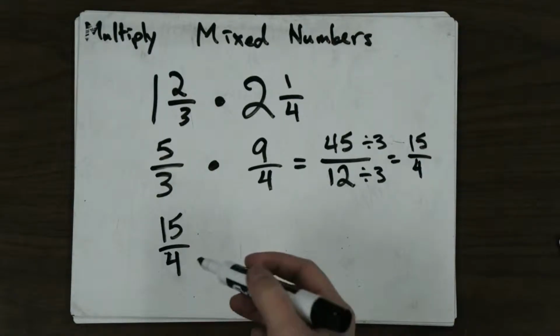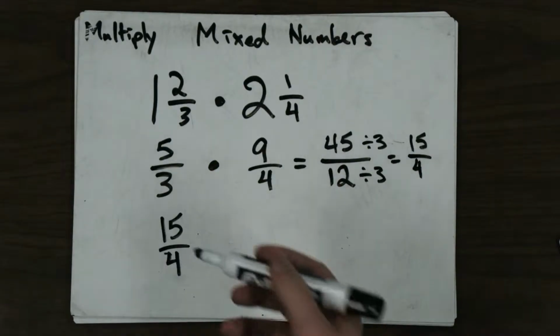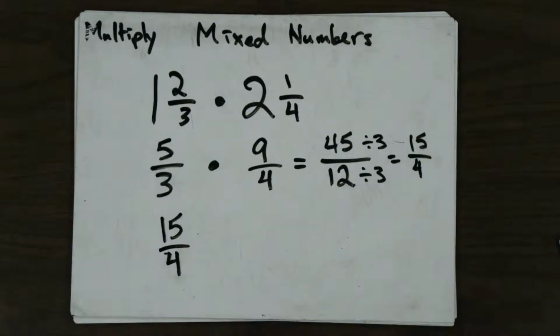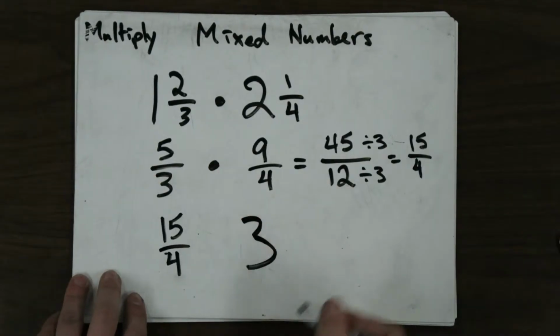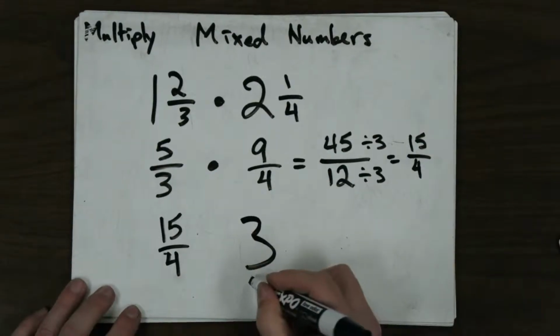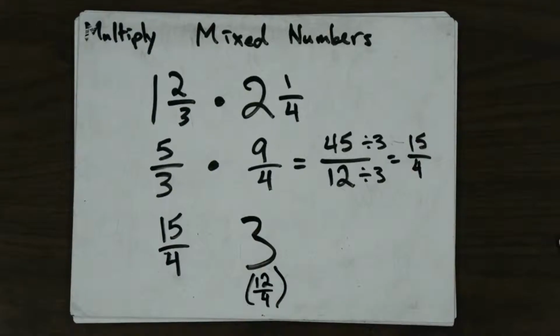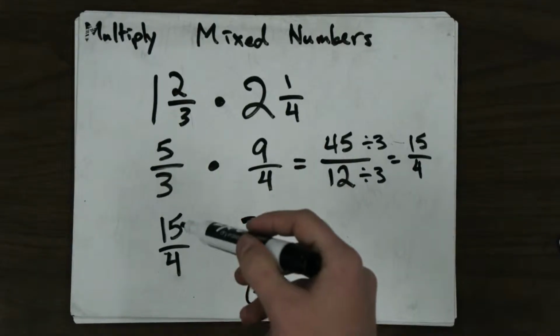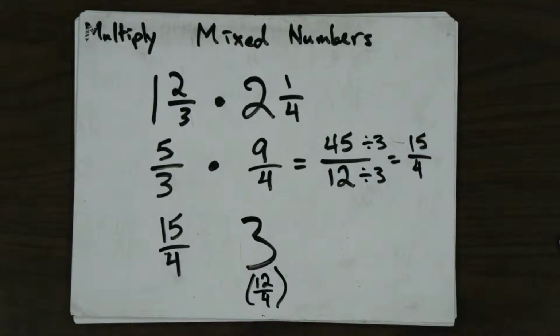Well, I know I can put 4 into 15 3 times because that'll be 12. But if I try 4 times, that'll get me to 16, and I don't have 16/4. So I can borrow 3 wholes, which is the same thing as 12/4.